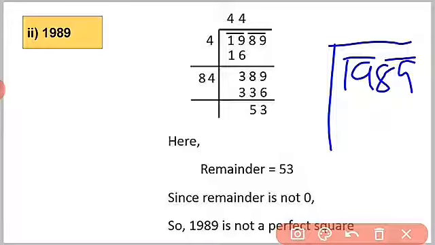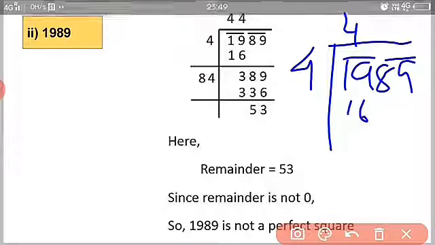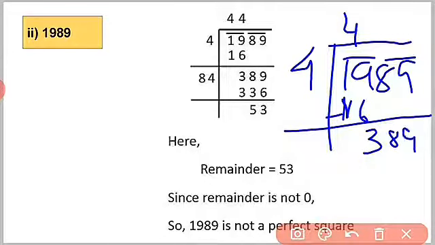The square of 4 is 16, which is less than 19, but the square of 5 is 25, which is greater than 19. So we will choose 16, which is the square of 4. So the divisor will be 4, the quotient will be 4, and we will get 16. We will write it below 19. What will be the remainder? The remainder will be 3.